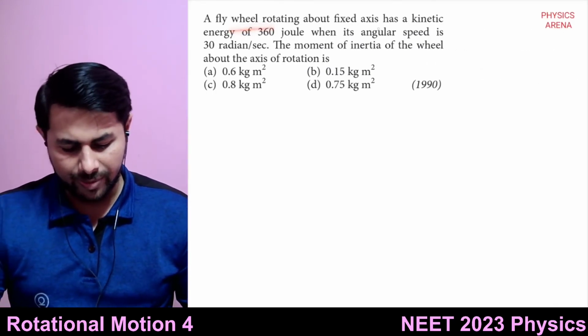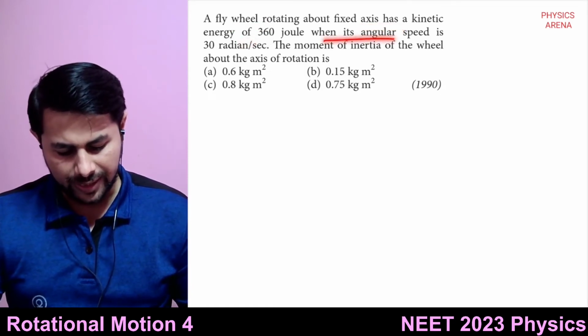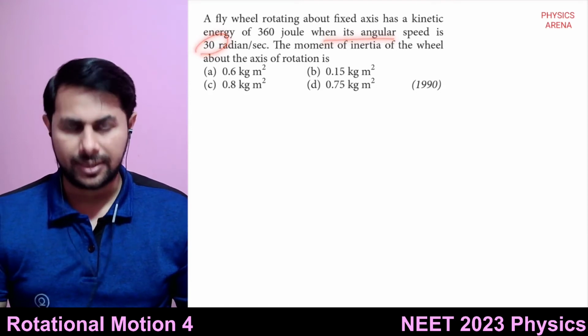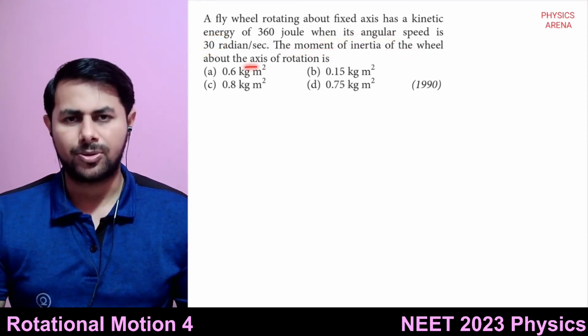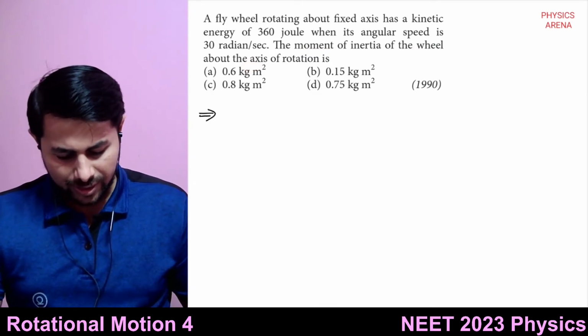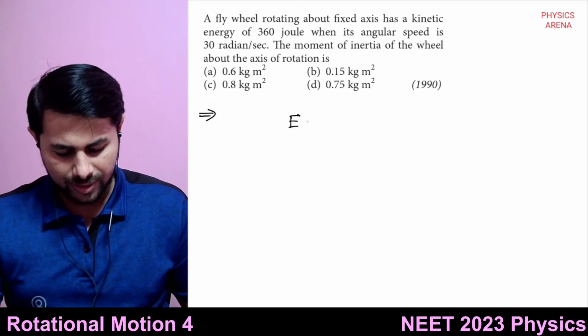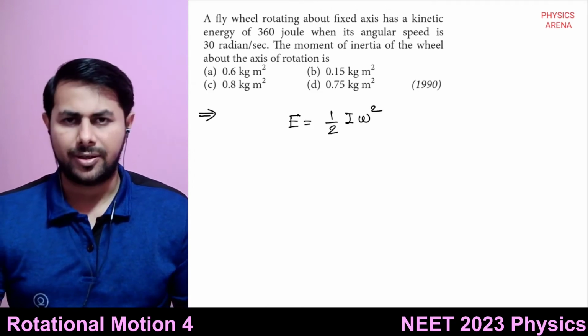Flywheel rotating about fixed axis has a kinetic energy of 360 joule when its angular speed is 30 radians per second. The moment of inertia of flywheel about the axis of rotation is. Again, very straightforward, very simple question. The kinetic energy is equal to half of I multiplied by omega square.